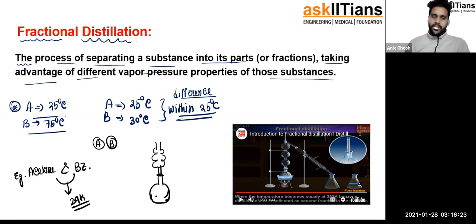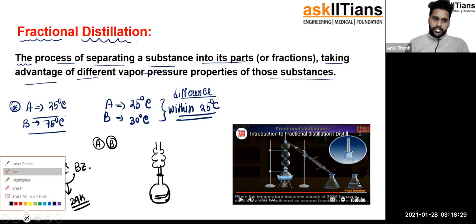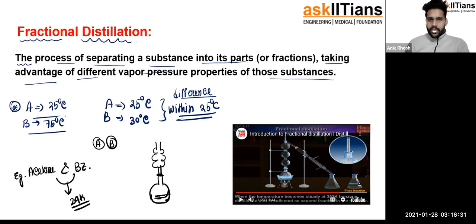When you are heating the solution, what is happening? It's going up, going up. When the mixture of A and B goes up, at this position, you are heating it, right? The temperature is maximum at this position.